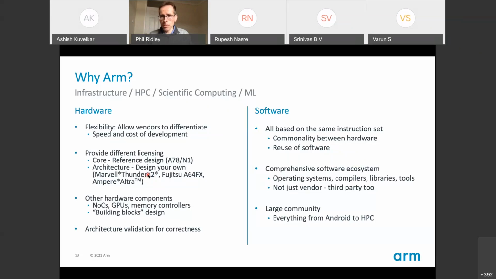I'll talk more about that in a while, but that was based on an architecture model, and so is the Fujitsu machine that I keep talking about at Riken. The processor there, the A64FX, was based on an architecture model, and a processor that you may not have heard of because it's quite new is the Ampere Ultra.